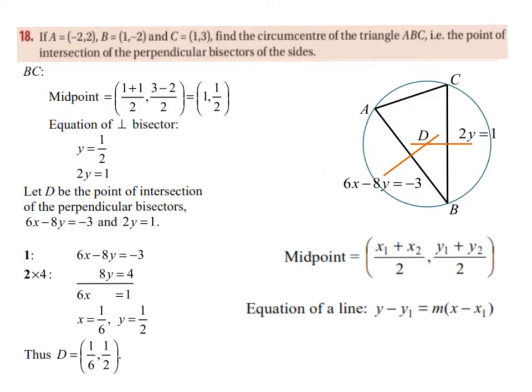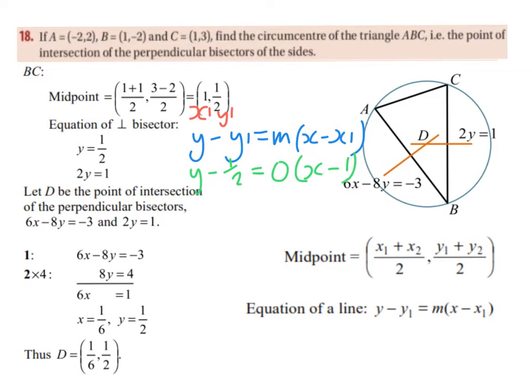So we're then going to use the equation of the line formula. Our point is (1, a half), so we label that x1, y1. Our formula is y minus y1 equals m times x minus x1. We swap the y1 for a half, we swap the x1 for 1, and m for the moment I'm going to call it 0, but really there is no slope. So y minus a half equals 0 times something, so everything on the right hand side will just cancel out.